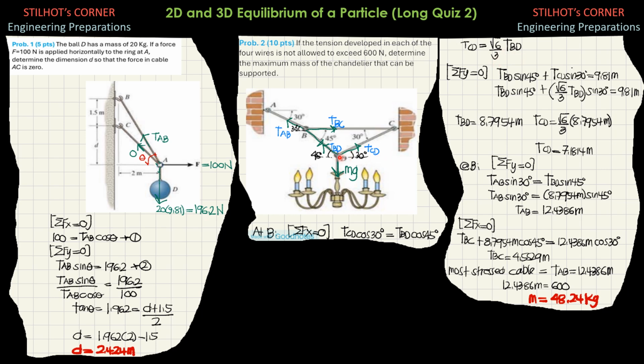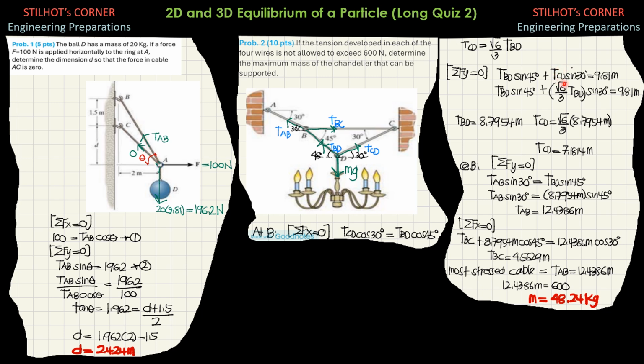We then sum up forces vertical, or Y, equals 0 here at B. So we have the vertical component of T_BD, sine 45 degrees, plus T_CD sine of 30 degrees, equals the weight, M times 9.81, or 9.81 M.